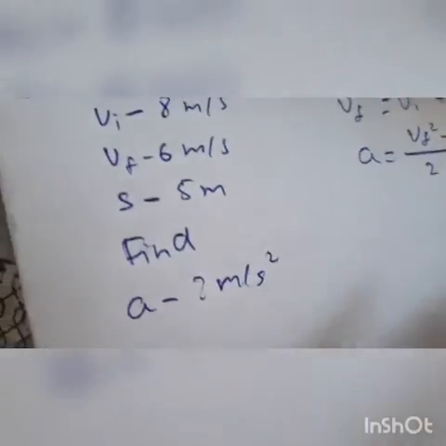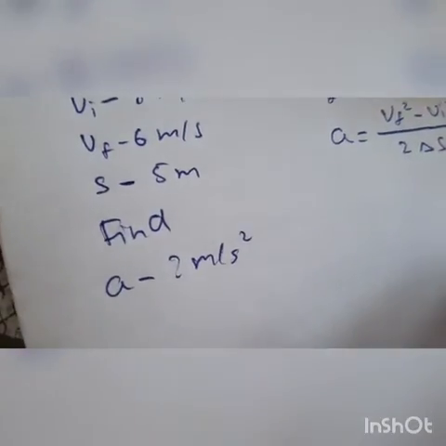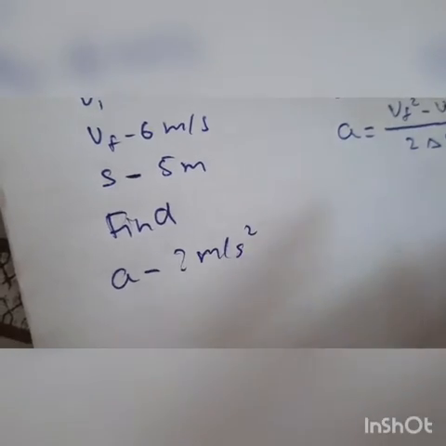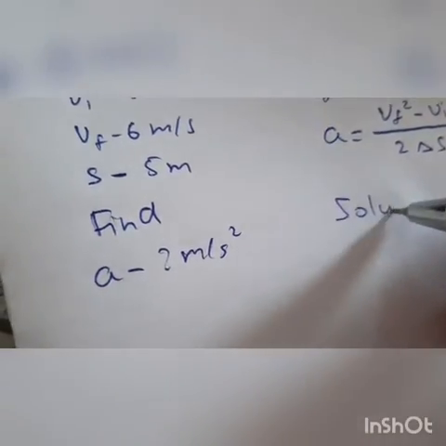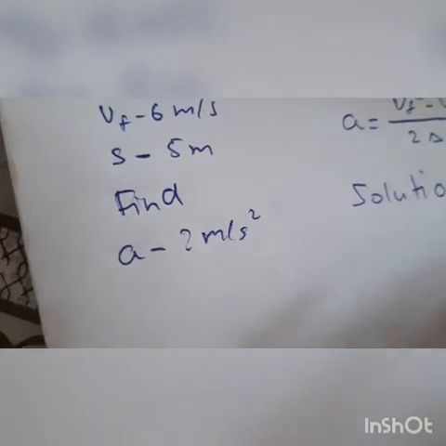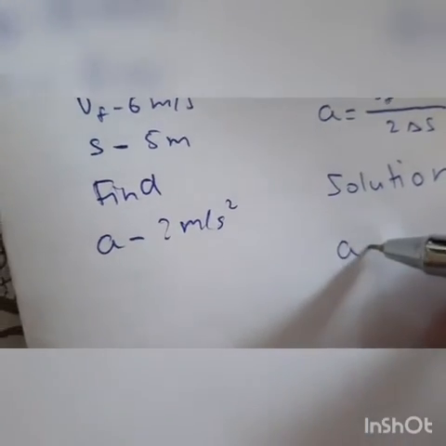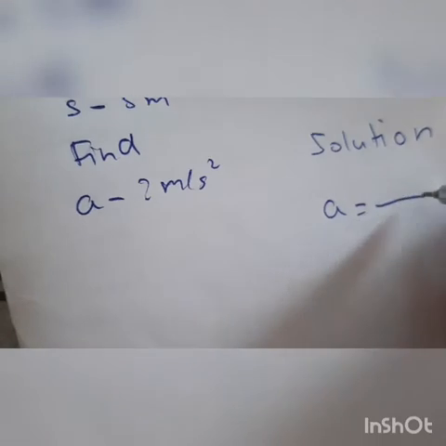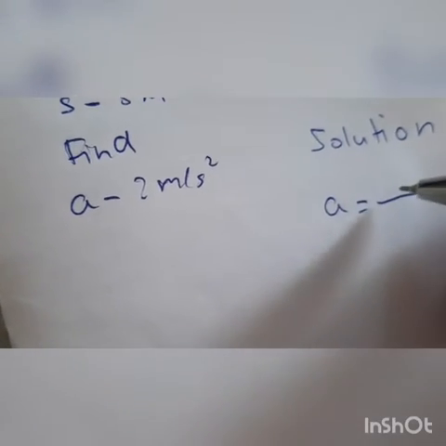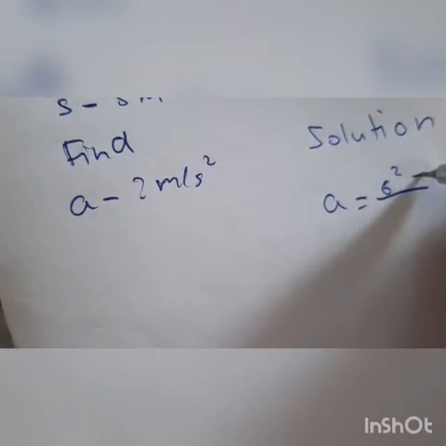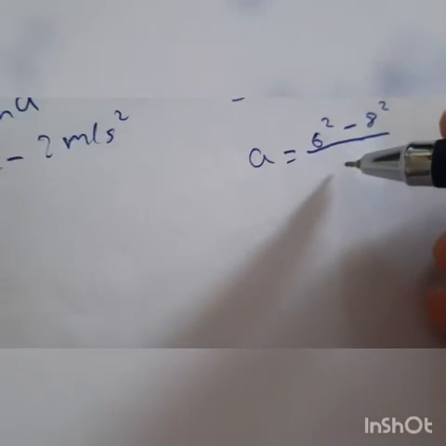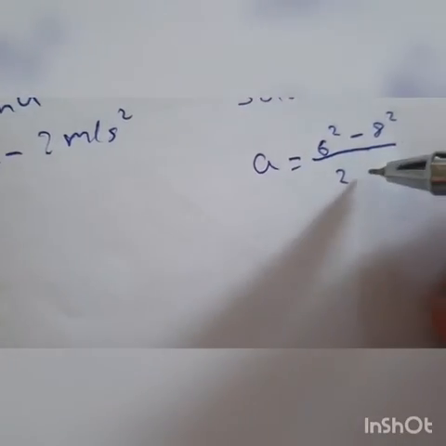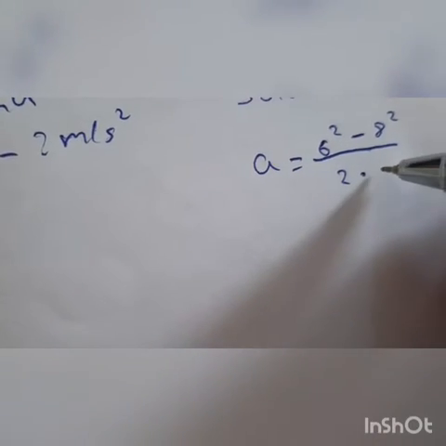Okay, and we just place these numbers into this formula. Let's write the solution. Okay, a equal to v final, 6 squared, minus 8 squared of initial, and 2 multiplied by 5.